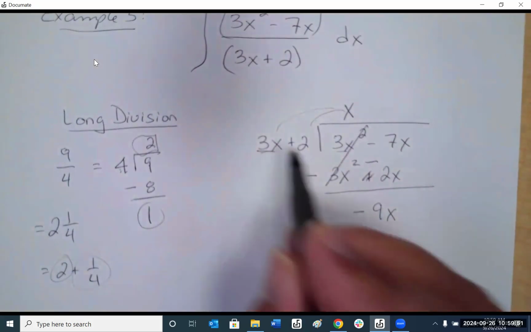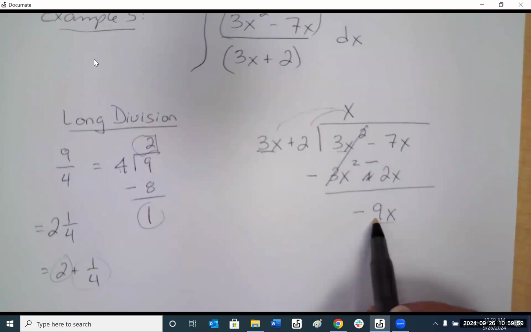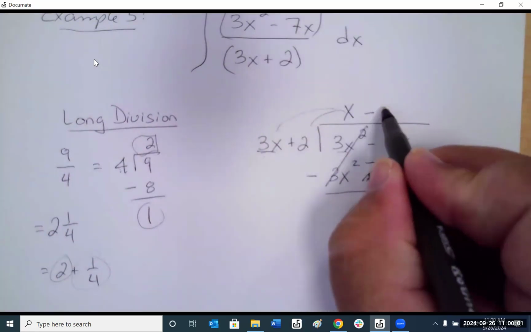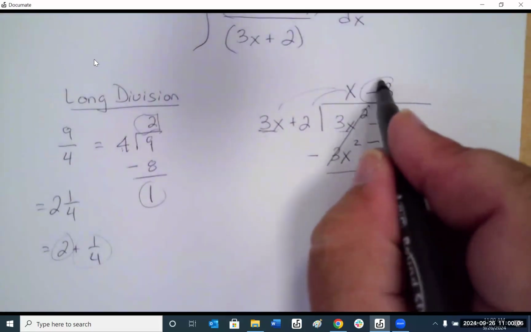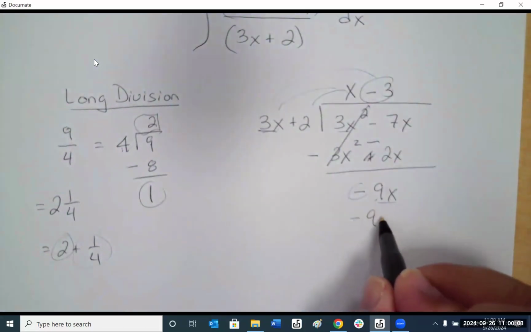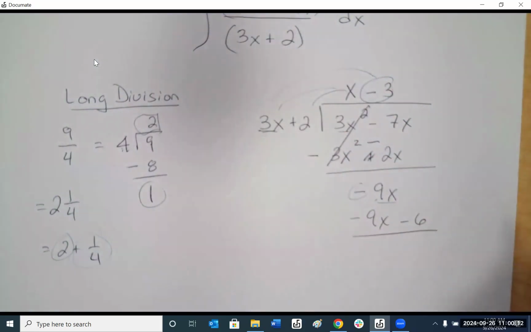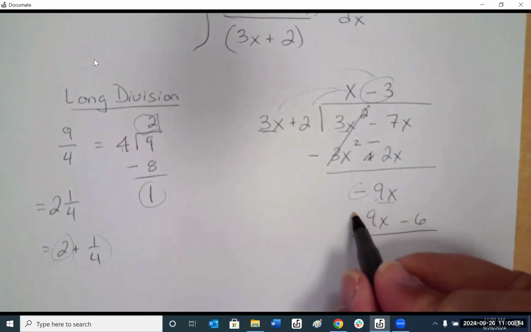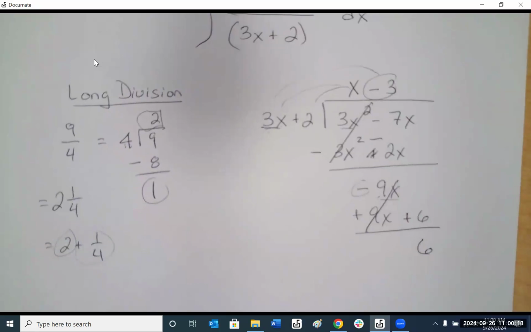Yeah, look at the first terms. Does 3x go into 9x? 3 goes into 9 3 times, but it's got to be negative, so it's negative 3. So negative 3 times 3 is negative 9x. Negative 3 times 2 is negative 6. Change the signs and add. This is your remainder.